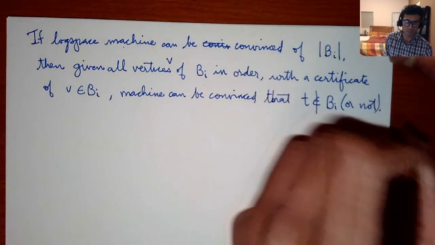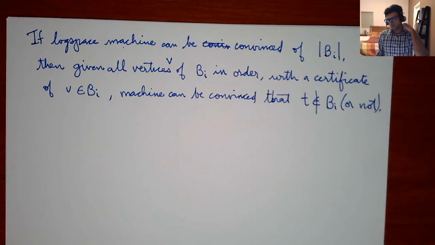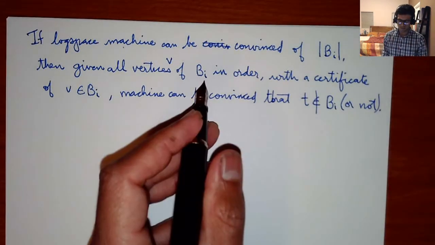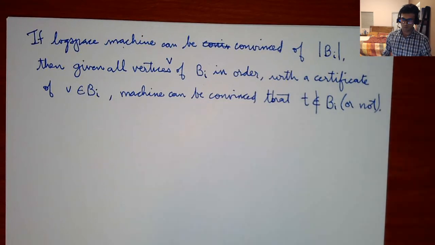So T is not in BI, because that's the hard one, or not. Because once it gets all the vertices of this in order, it can just go and check if any of them is a neighbor or not.